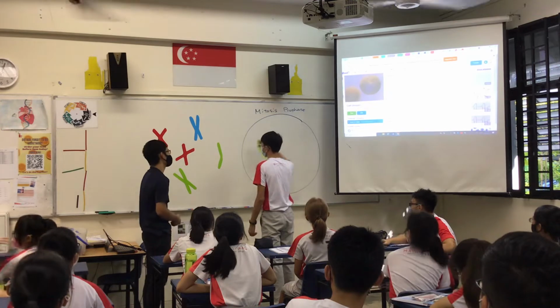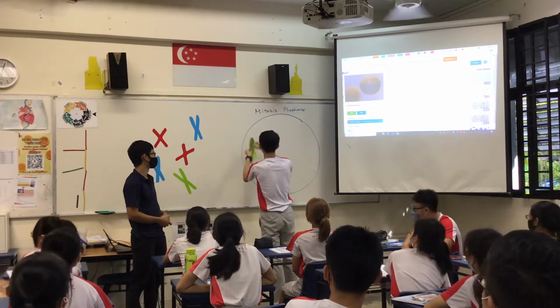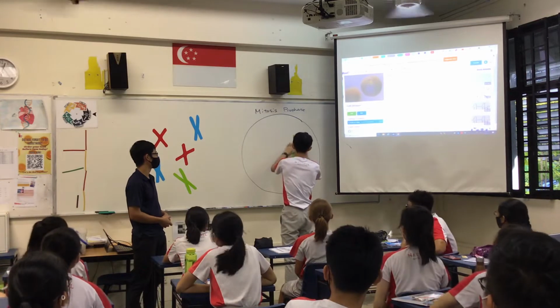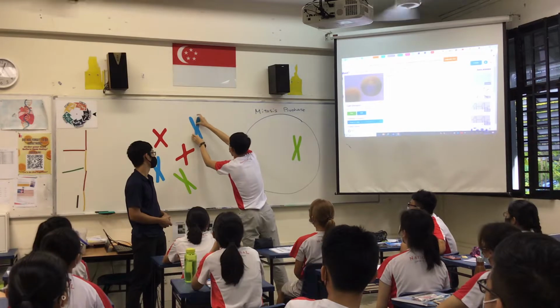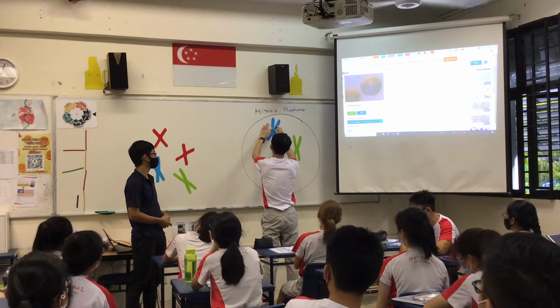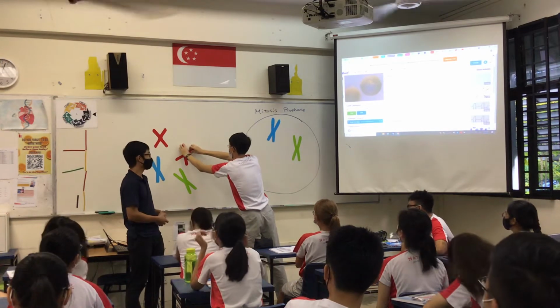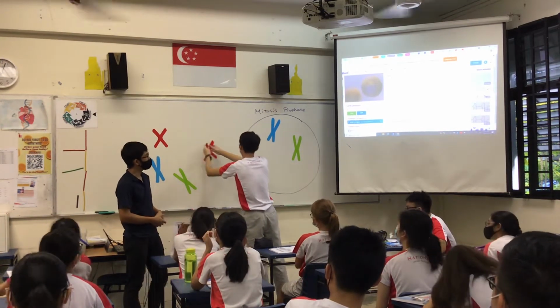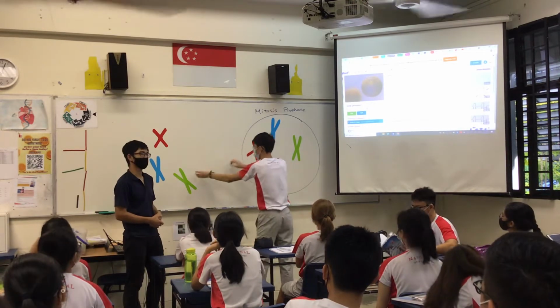Ah, it's split out in two. Okay, as Javier is rearranging, everyone think up. What's the haploid number of chromosomes?